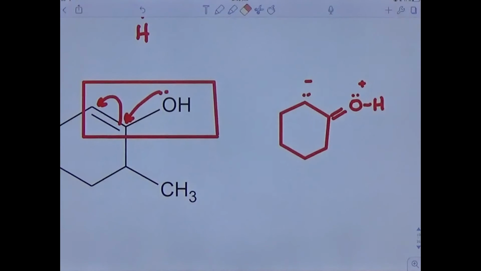Do you have the correct answer for the next one? Except for remove the hydrogen from the oxygen, put it on where I have the negative charge.